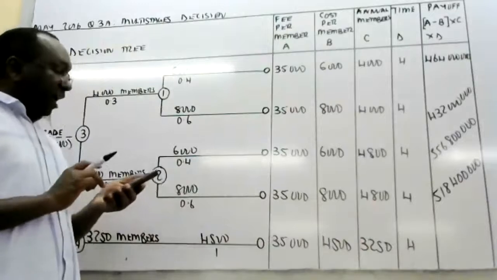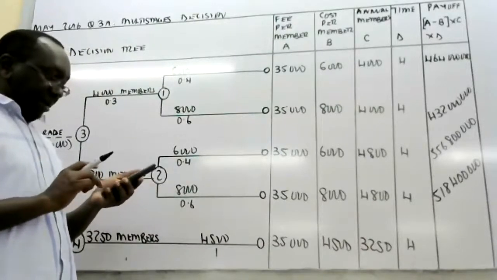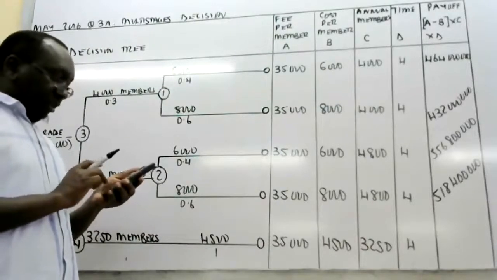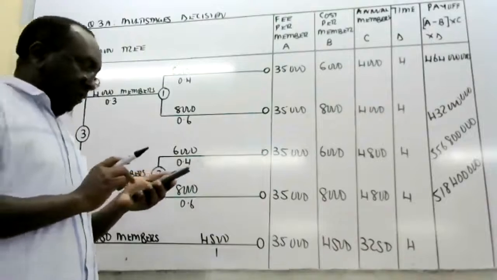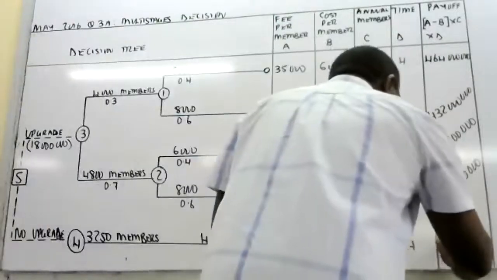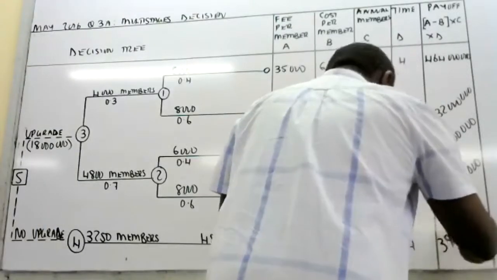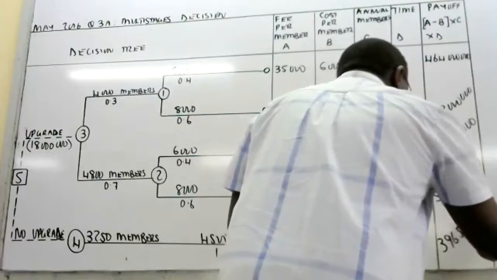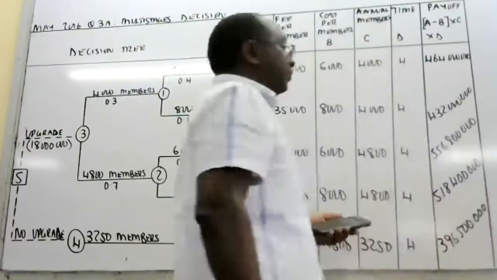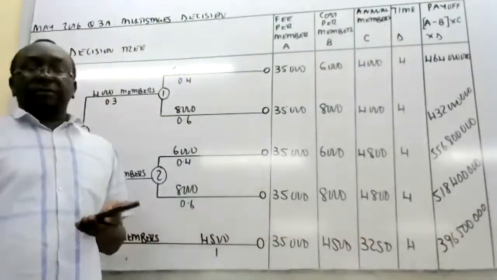That 5,000 minus 4,500 times that 250 times 4 is 396,500.